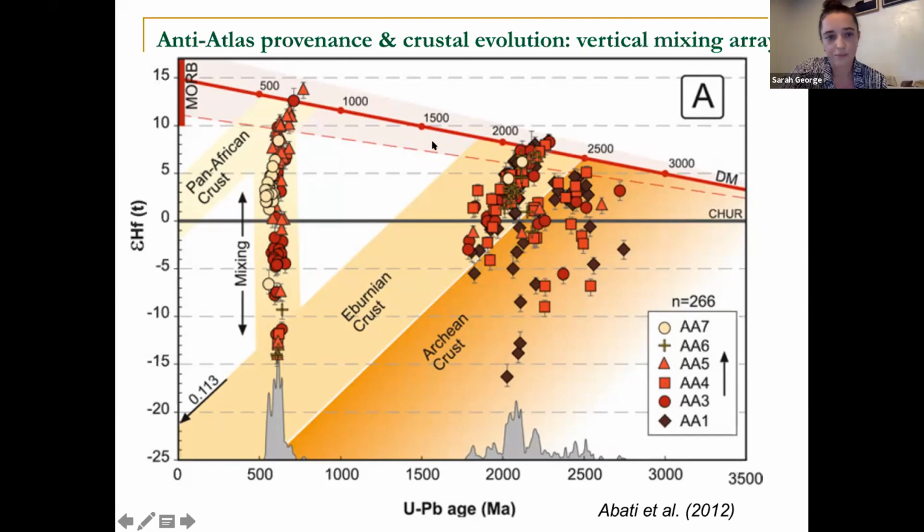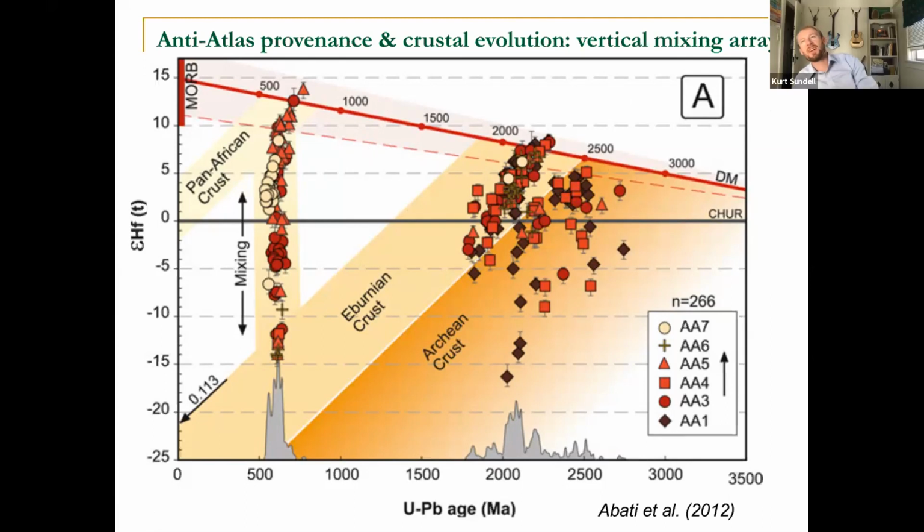Oh, this red dash line. That is a good question. I do not remember what they call that red dash line. I thought, yeah, that's just the error bars on depleted mantle compositions. So this red hue color is just the uncertainty on that depleted mantle composition through time.